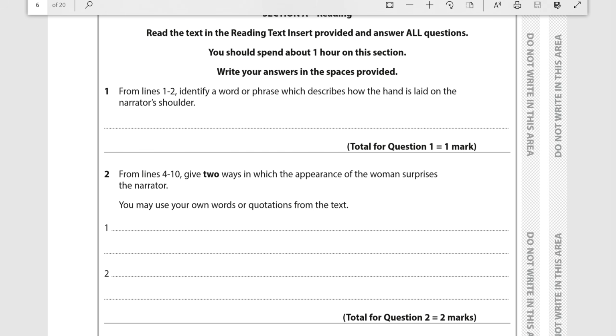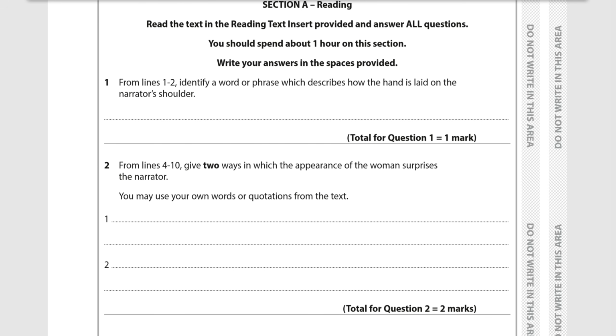to save time. So, question 1, from lines 1 to 2, identify a word or phrase which describes how the hand is laid on the narrator's shoulder. Okay, so I would say it's really important to have a highlighter or a pen and to annotate the text and the questions for the key words.